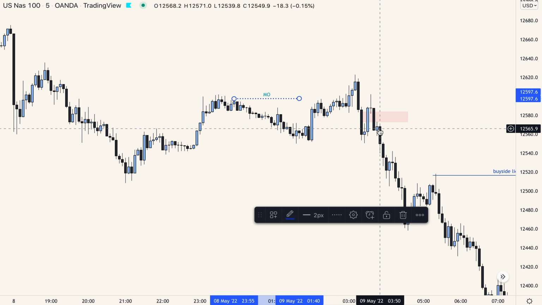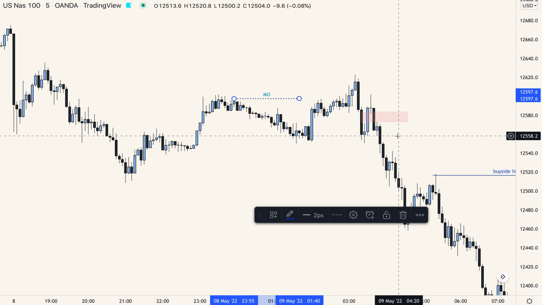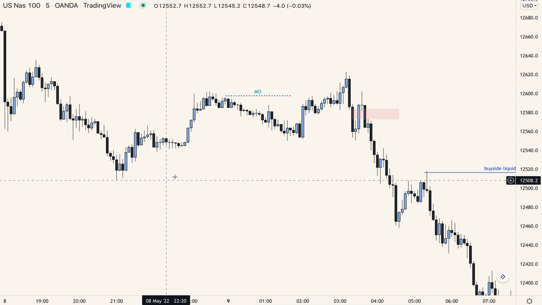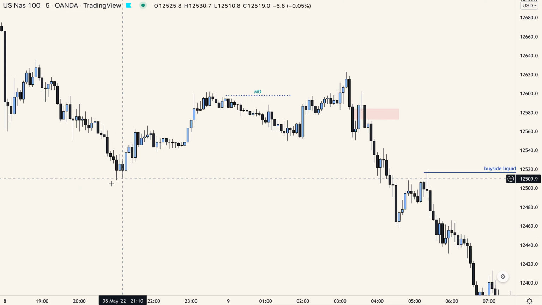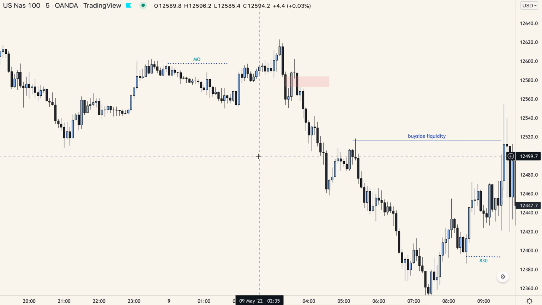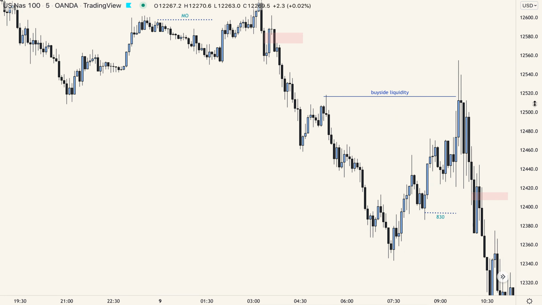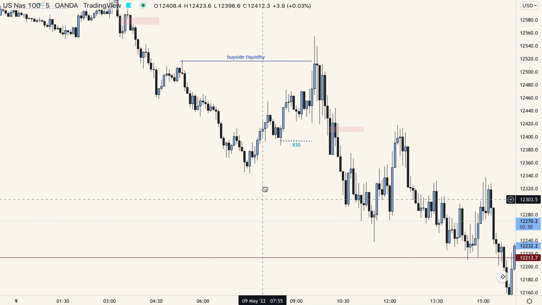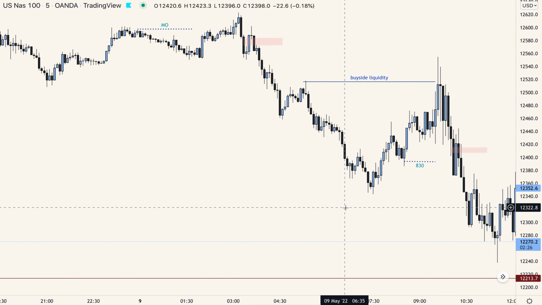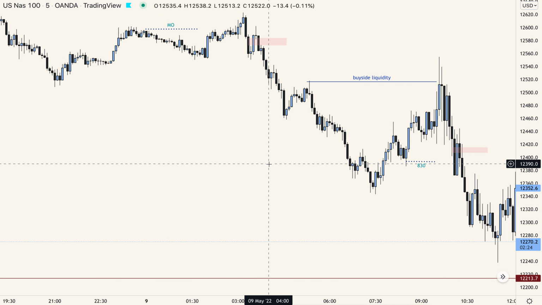And you could have taken an entry in here on this fair value gap, and you could have targeted this swing low right here, and potentially either leave your trade running to target these daily relative equal lows, or just have a runner, however you want to structure your trade.